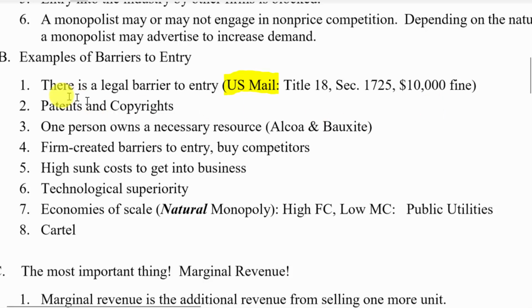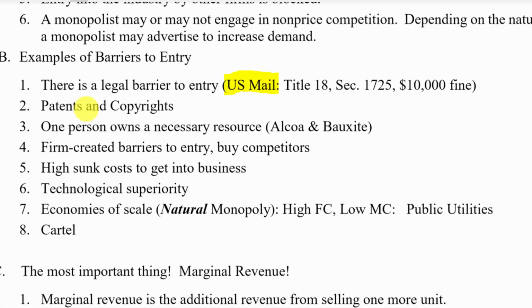Now, another kind of law that might keep somebody out of an industry and allow there to be a monopolist, at least for a certain kind of product or service, is patents and copyrights. Patents are for if you invent an invention, a new thing that's not obvious, that is a new piece of technology or a new way of doing things.